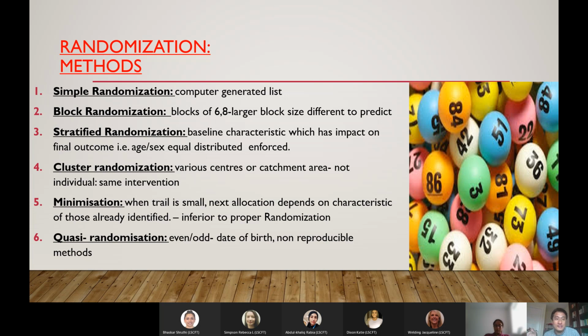If they mention age and sex, stratified. Minimization is, for example, if someone is found and they refer the next one based on the characteristic. Quasi is, for example, you choose a patient depending on odd and even number of date of birth, that is quasi randomization. One of the favorite MCQ questions they will always ask is which one of the randomizations is less favorable? Which option would you take out of the 6? Quasi. Quasi, yeah.